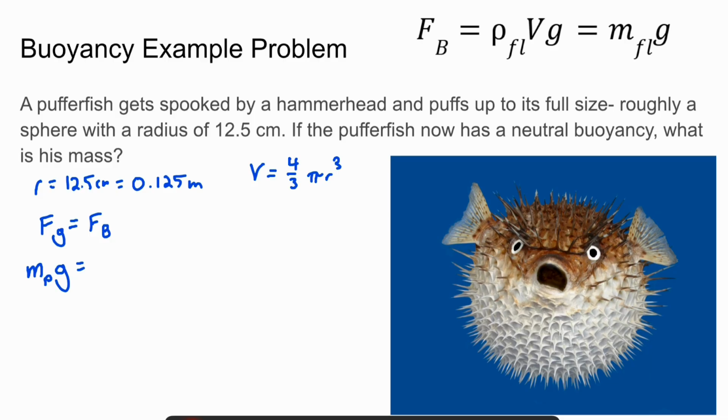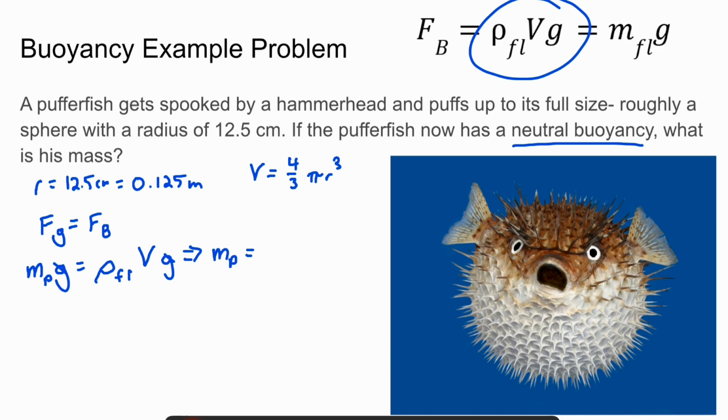And the force of buoyancy, we now know, is the density of the fluid times the volume that he's occupying times g. So the g's actually cancel out here, right? And we end up with the mass of the pufferfish, in the case that he has neutral buoyancy, where his force of gravity equals his buoyant force, is going to equal the density of the fluid he's in times the volume of that fluid that he's occupying.